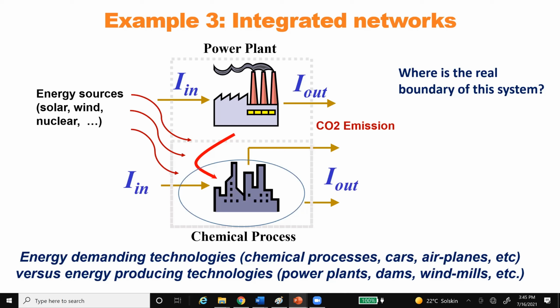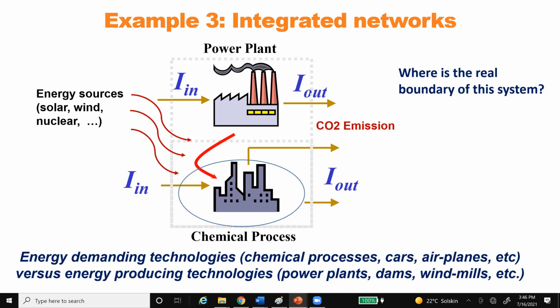And the energy demanding technologies may give direct CO2 emission, like cars, airplanes. Not all chemical processes, but most of them. The energy producing technologies also indirectly emit CO2, but they provide the energy that we need.